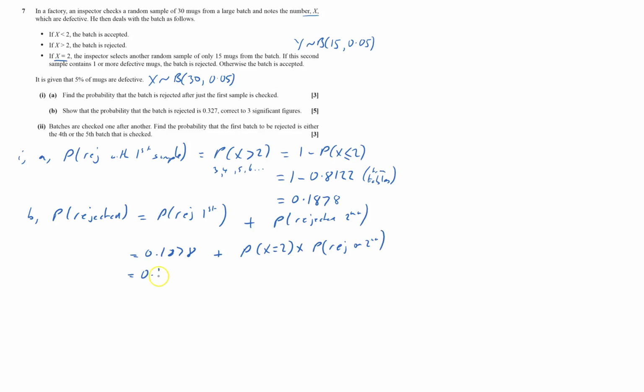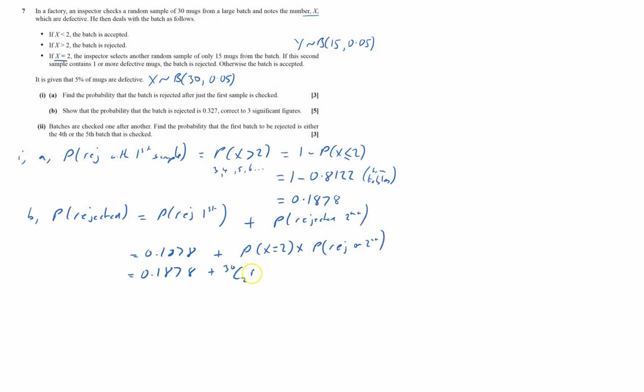So that equals 0.1878 plus the probability X equals 2, which is 30C2, because that's the number of ways you can have those 2 successes.